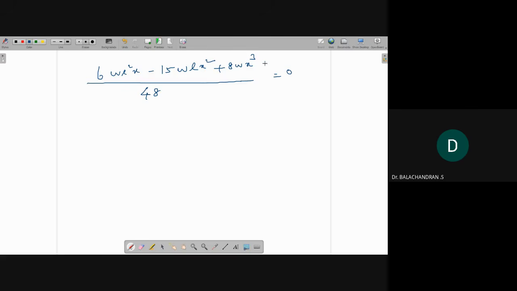So just cross multiply and take x commonly from the numerator. You'll get a quadratic equation 8 omega x square minus 15 omega L x plus 6 omega L square equal to 0. So therefore either x is equal to 0 or this expression equal to 0.